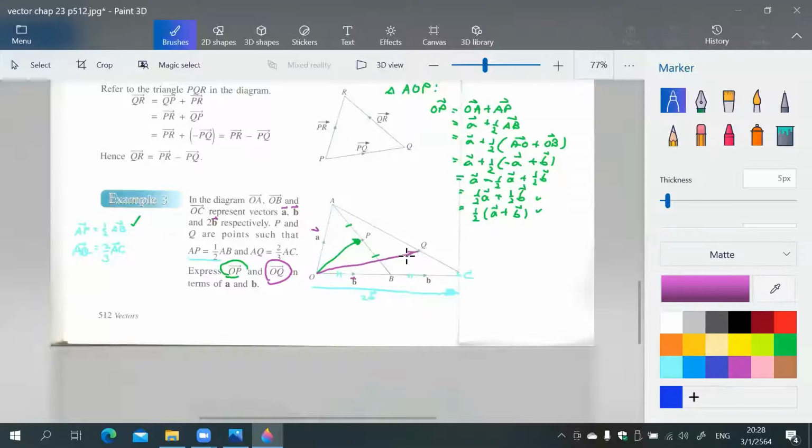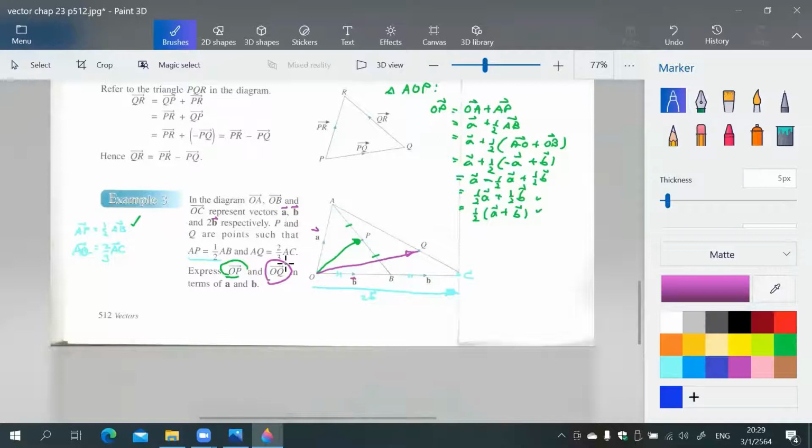So the direction, the destination, is going to be OQ. In this case, you can use either triangle OCQ or OAQ. I will use the top one, because we know AQ.